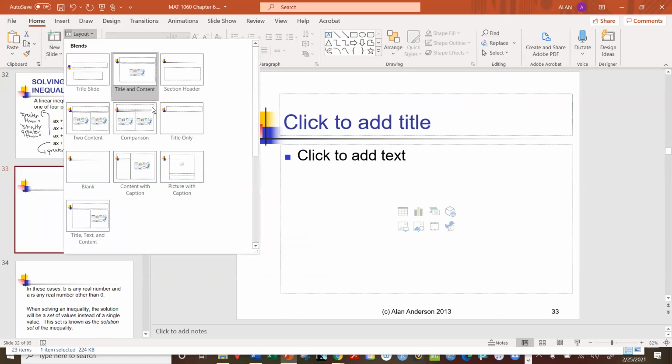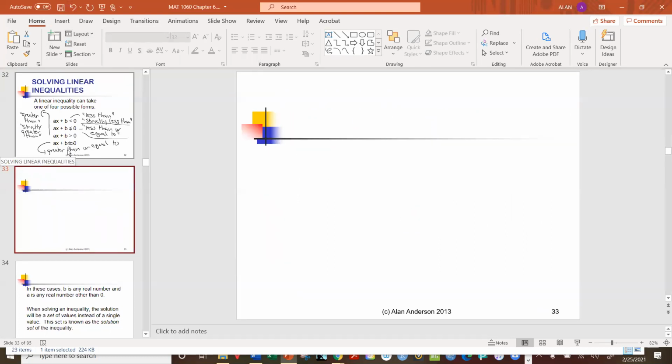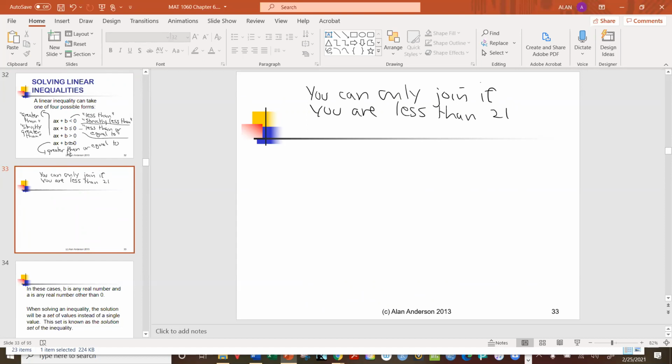For example, suppose that there was a class and you can only join the class if you are less than 21. For some reason, who knows why they would do this, but this means 21 doesn't count, does it? That's not good enough. You have to be less than 21.